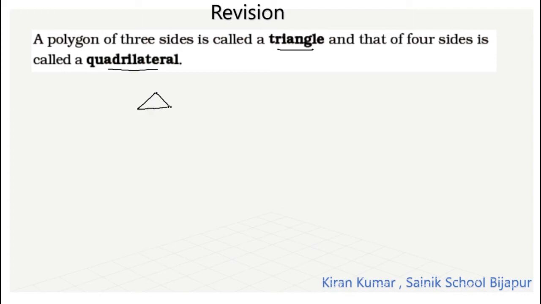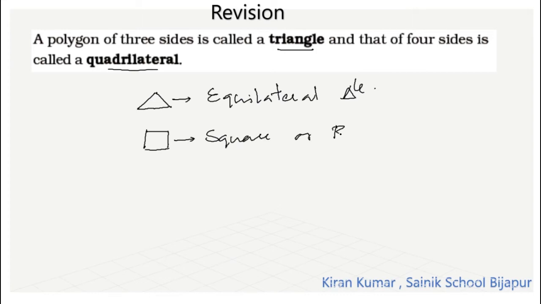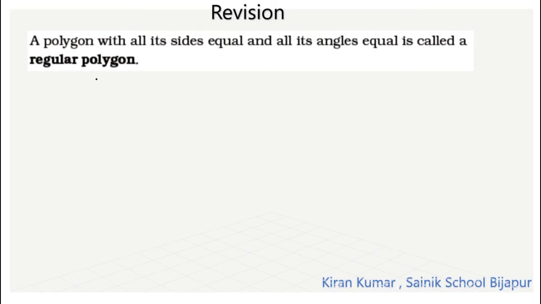If a polygon has 3 equal sides, we get an equilateral triangle. If it has 4 equal sides, we get either a square or a rhombus. Such a polygon which has equal sides is called a regular polygon.